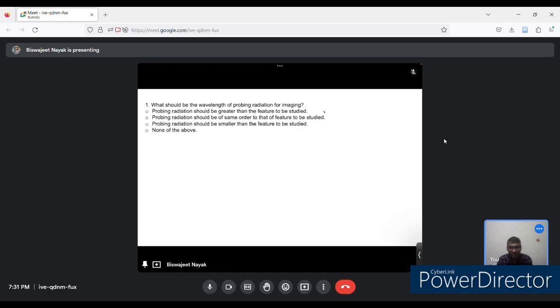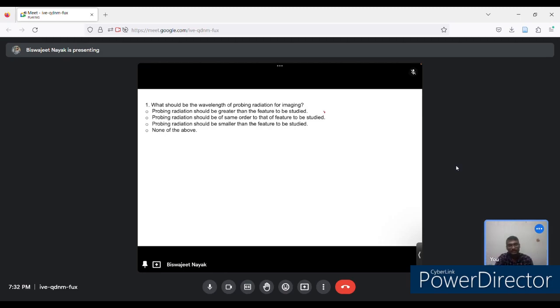So first question: what should be the wavelength of probing radiation for imaging? Anyone want to try? Should the probing radiation be greater than the feature to be studied, of the same order as the feature, or smaller than the feature?